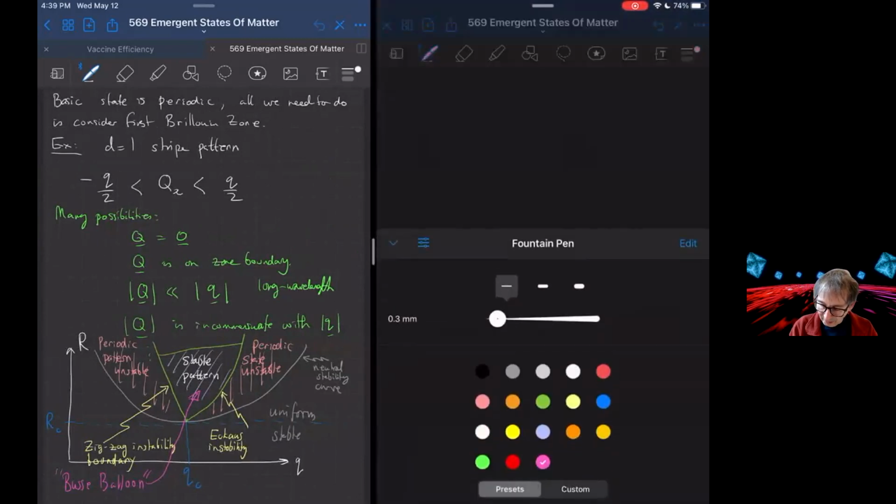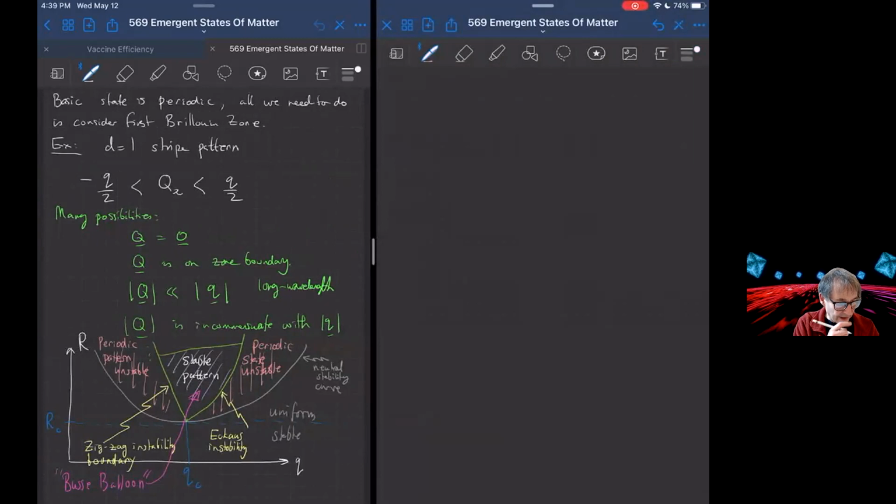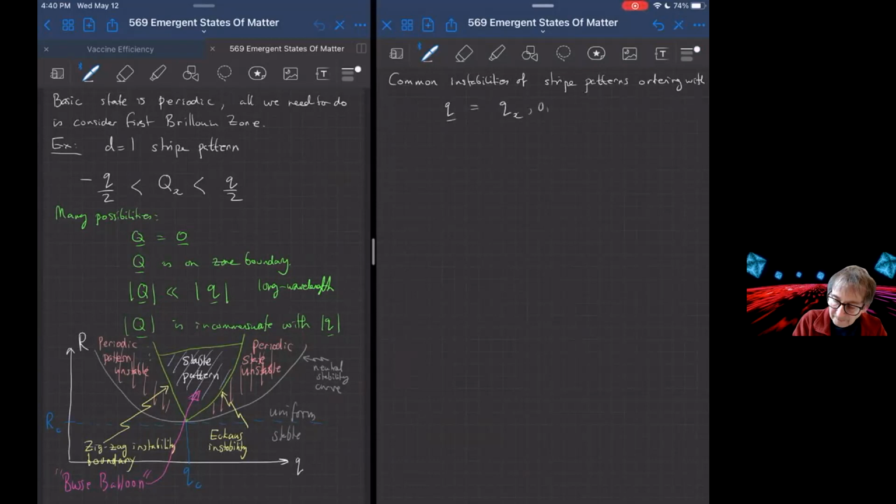So let me just conclude by writing that. What I want to end with is the common instabilities of stripe patterns, ordering with a wave vector in the x direction.